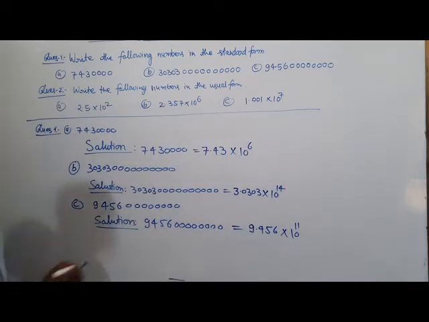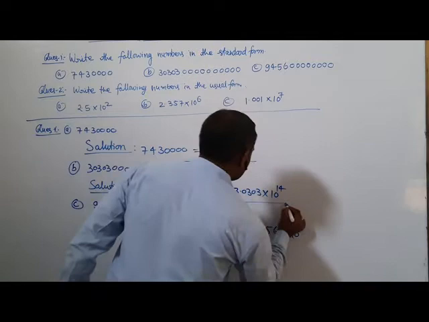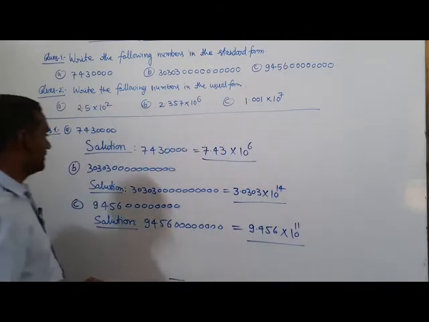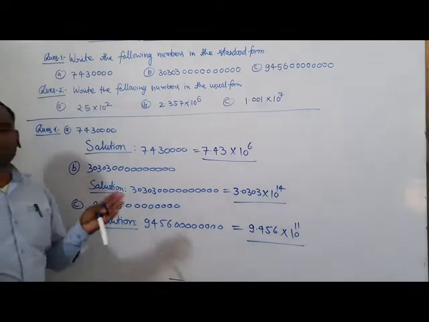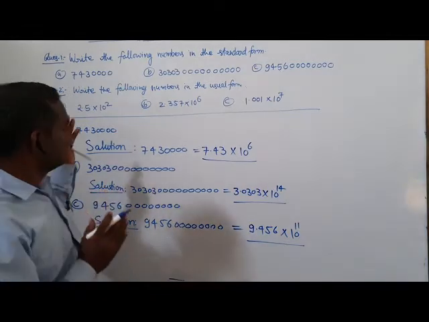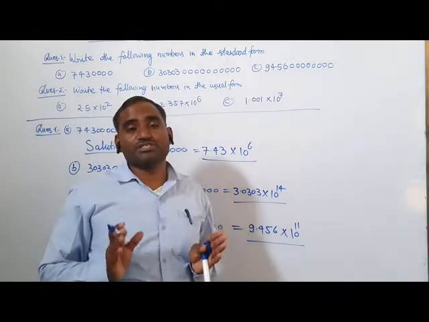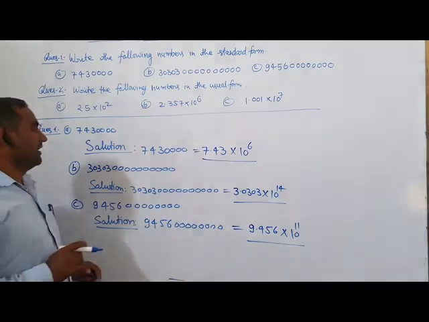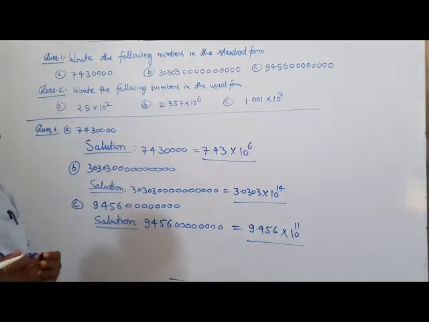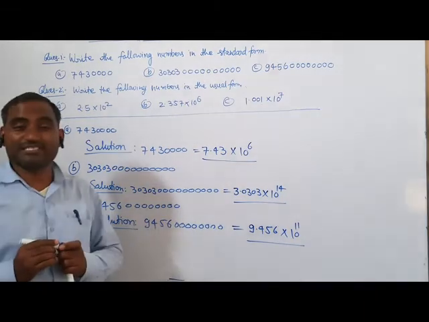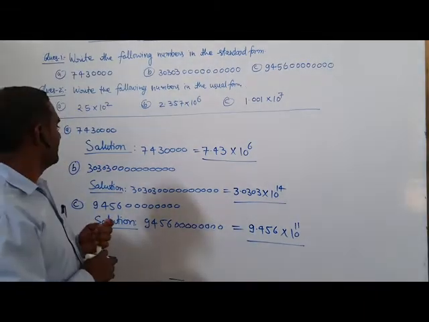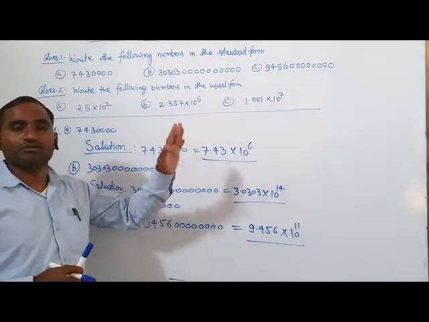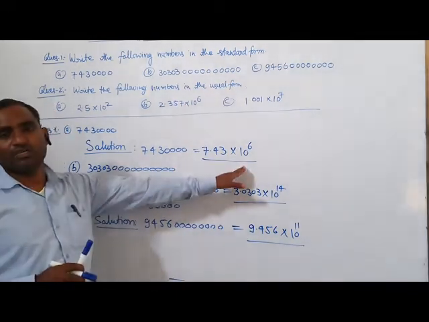This is the standard form. All of you can write a large number in standard form by following this, and I think you have understood how to express a large number in scientific notation.